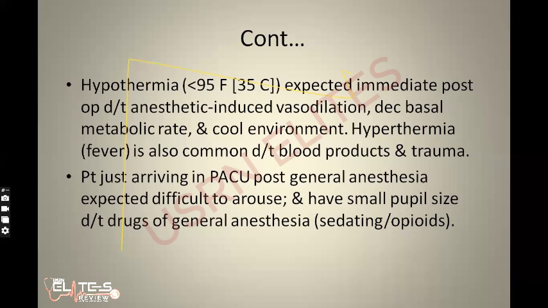You should still have a mean arterial pressure of 60 and above. The ideal one is 65 and above, but if you calculate the mean arterial pressure, you're likely to even have 65 and above.